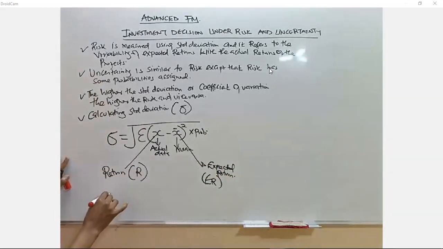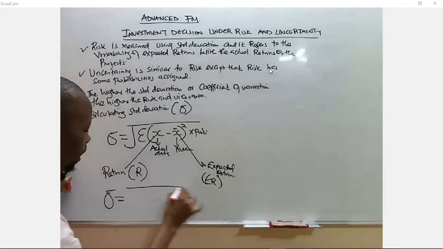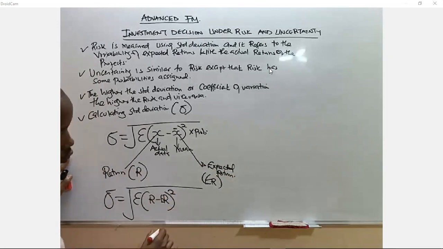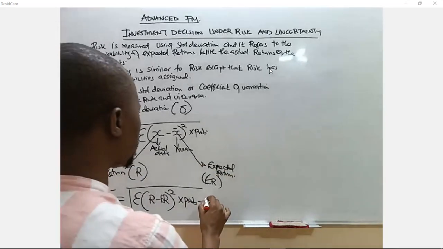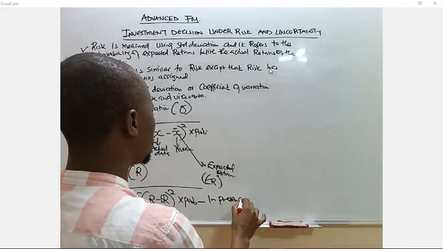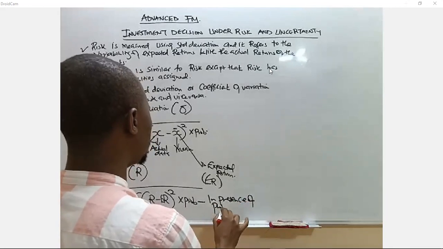So to get our standard deviation under the advanced level, you normally take the summation of our return minus expected return, raised to power 2 or squared, then multiply by the probabilities, in the presence of probabilities.